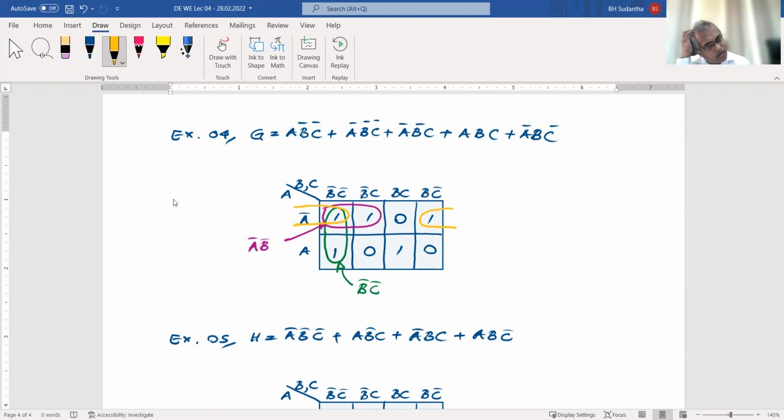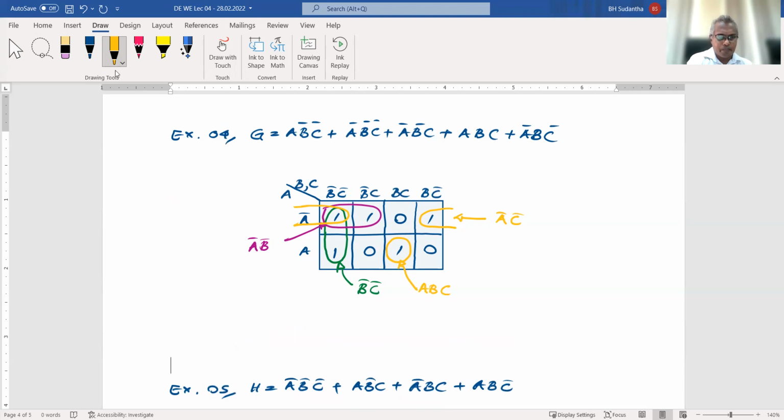To do that, we have to cover this way. Then this is A bar, C bar. But what about this one? No option. Because of that, we have to take it along. This is ABC.